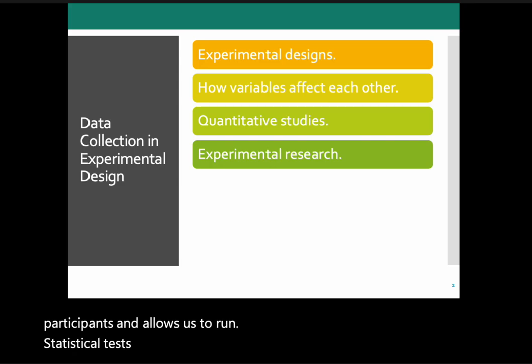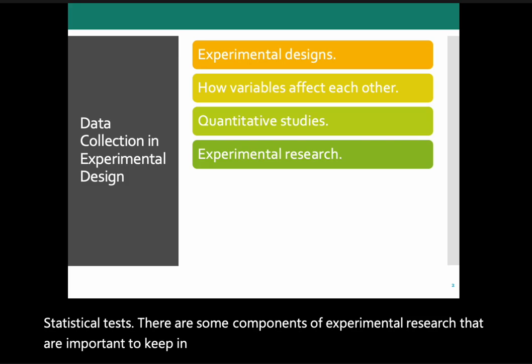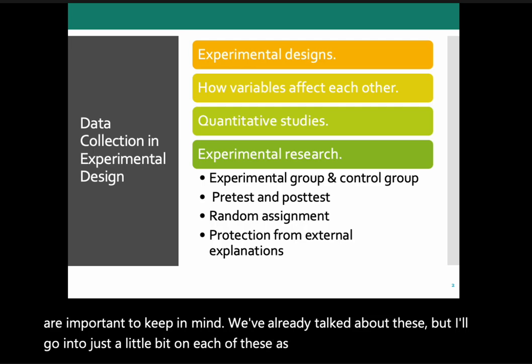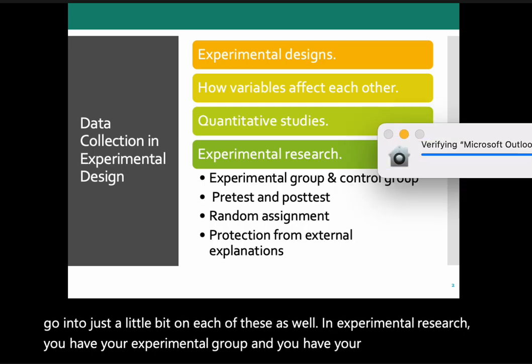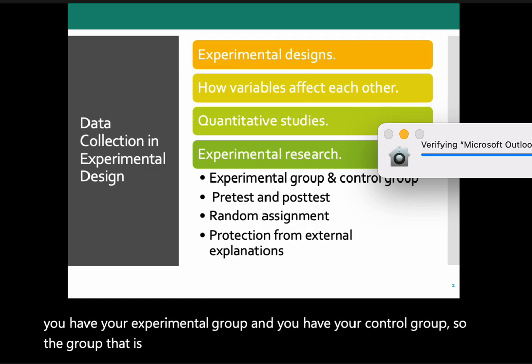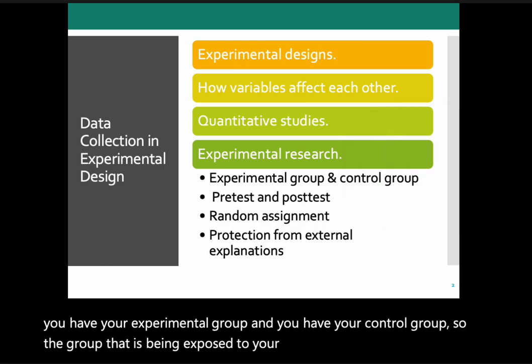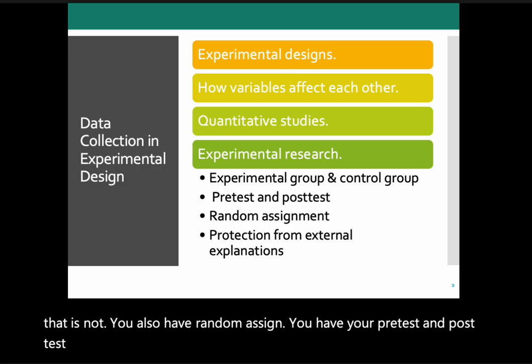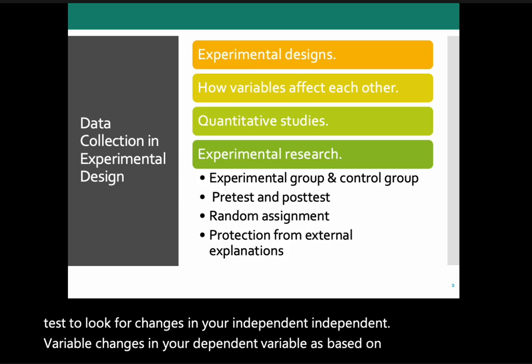There are some components of experimental research that are important to keep in mind. We've already talked about these, but I'll go into just a little bit on each of these as well. In experimental research, you have your experimental group and you have your control group. So the group that is being exposed to your experimental design and the one that is not. You also have your pretest and post-test to look for changes in your dependent variable based on your independent variable.